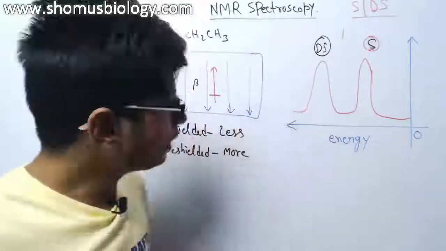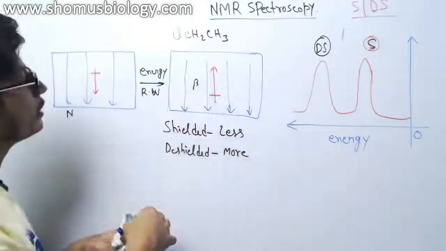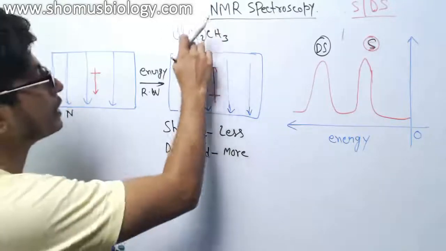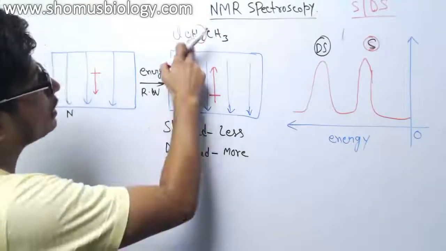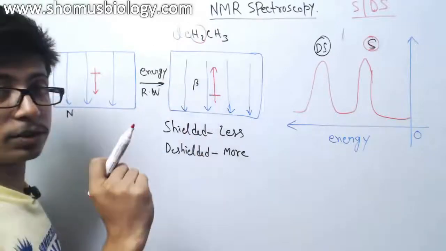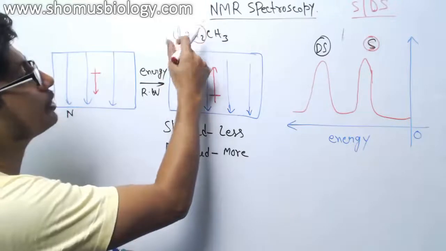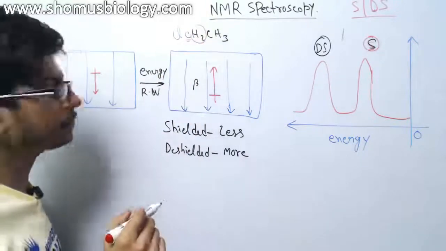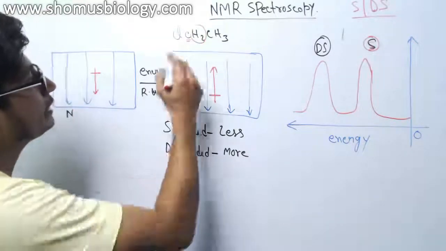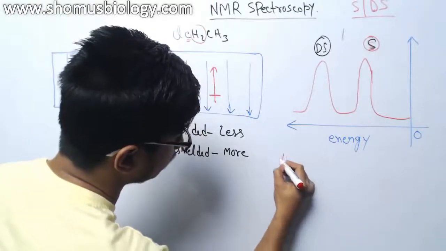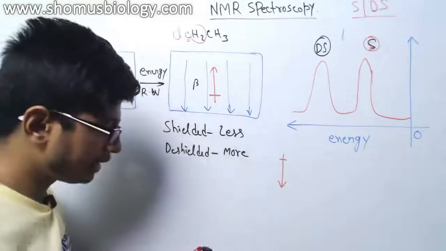Okay. So now let's take one hydrogen that is present here in the middle. The nearest atom for the hydrogen here is this carbon, right? That means this hydrogen will try to behave like a magnet.